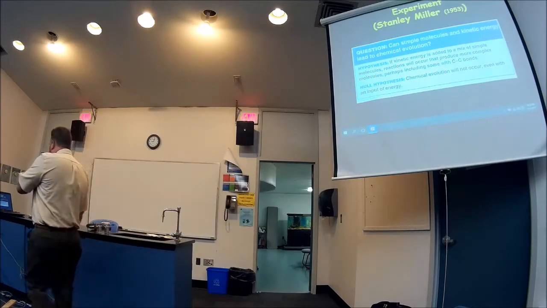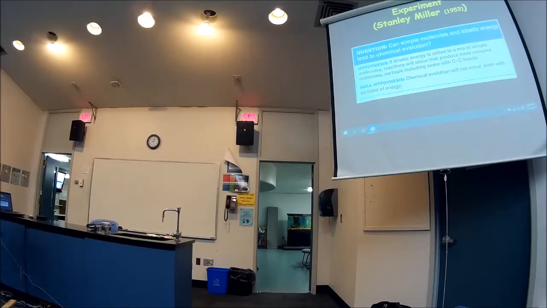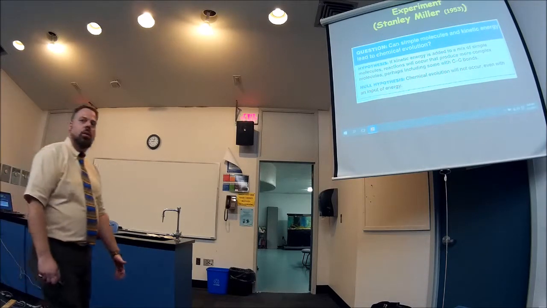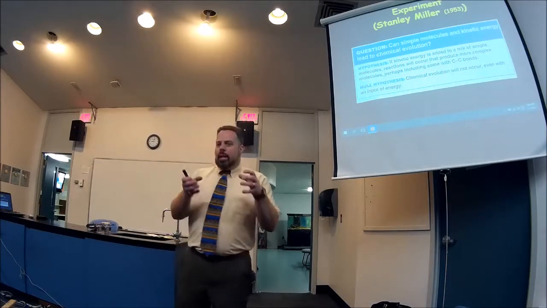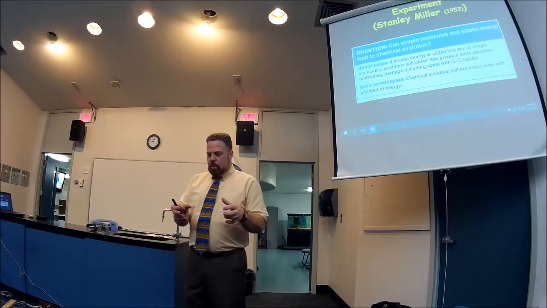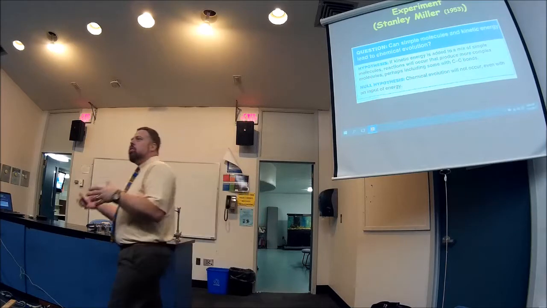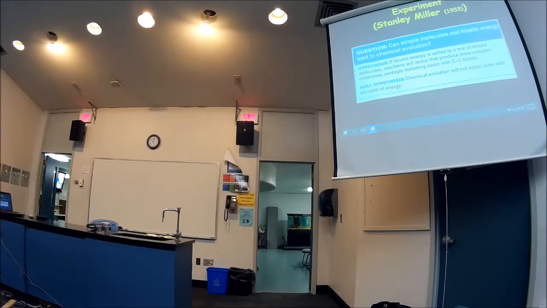He said, can simple molecules and kinetic energy and motion lead to chemical evolution? Can you take simple things and maybe with electricity, can they turn into something more complex, i.e. life?